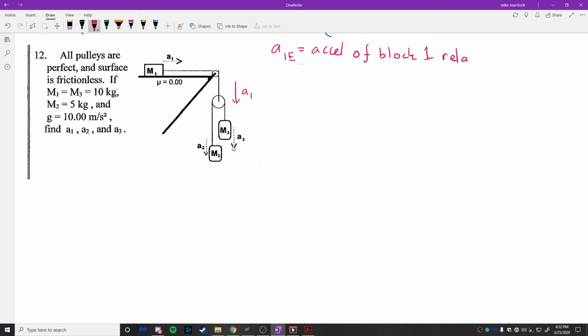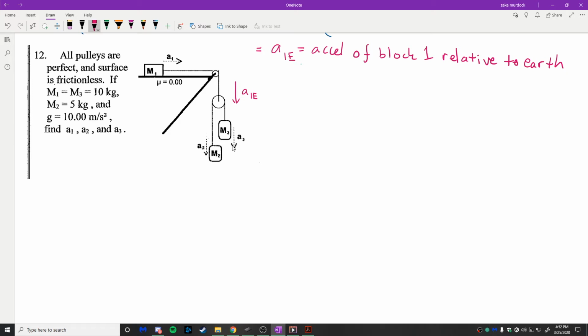What does E represent? What do you guys think? Yeah. Okay. And so this is also A1e. In a way, this is equal to the acceleration of the pulley as well, but we'll get to that in a second.